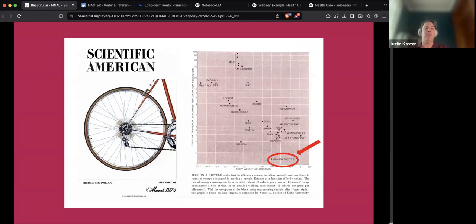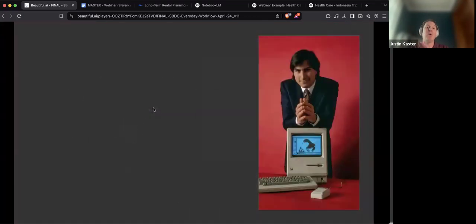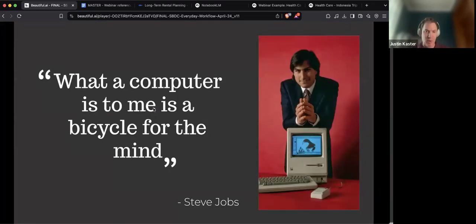But what they did in this experiment is they mapped it once you gave a human this tool, the bicycle, and humans significantly started to outperform the most energy efficient animal in the world, which is what led Steve Jobs to make his famous quote about what the computer is for people's minds. It really stems from that study, and he talked about the computer as the bicycle for the mind, right?